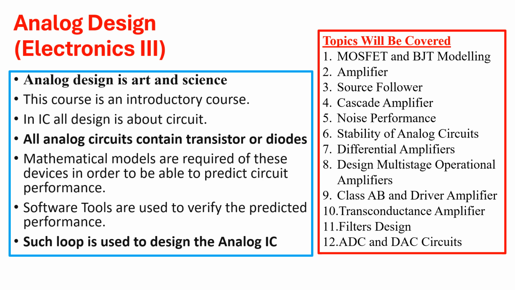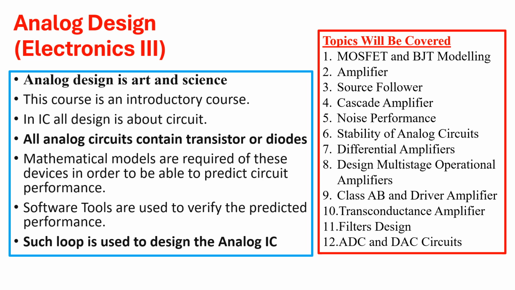As all design in analog is about circuits, and all circuits contain transistors, mathematical models are essential for these devices in order to be able to predict the circuit performance.